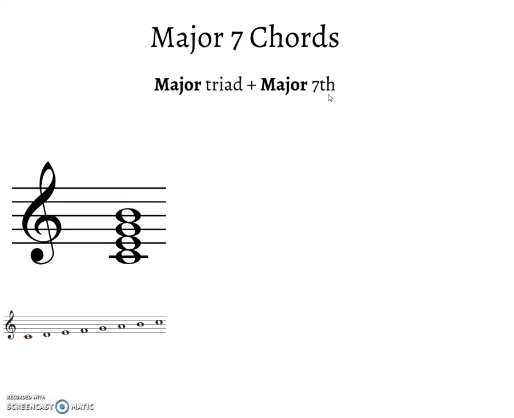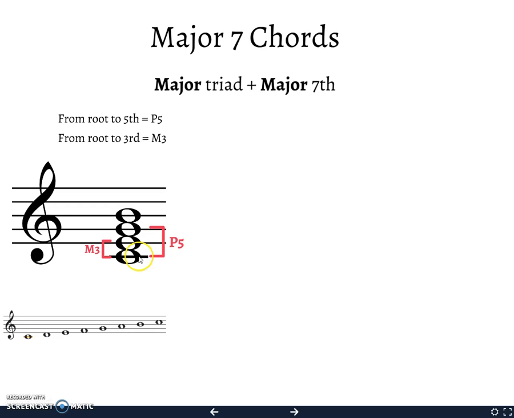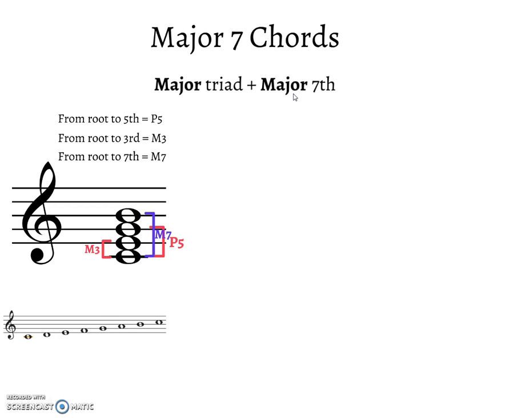So our major triad is built up of a perfect fifth and a major third. Then from the root to the 7th is a major 7th. That is how you make a C major 7 chord.